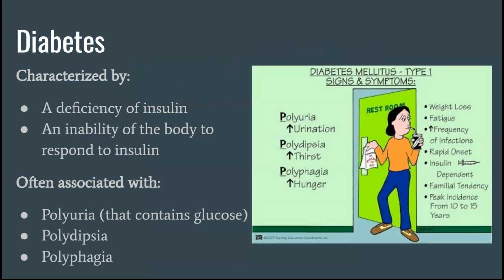So diabetes. Your hallmark signs of diabetes are polyuria, polydipsia, and polyphagia, right? So increased urination, increased thirst, and increased hunger, because you might be eating, but your body can't get the sugar into cells, so the cells are still screaming out for energy, right?